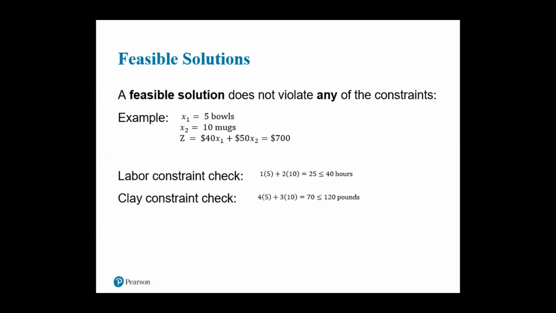So for instance, if we assume that x1 is 5 and x2 is 10, so we put 5 here and then 10 there, we are going to have the left-hand side being what? 25.